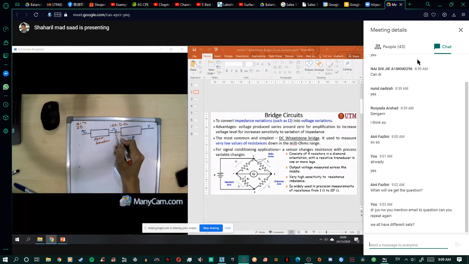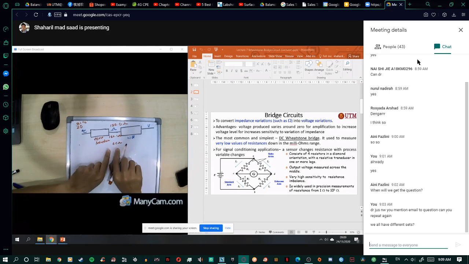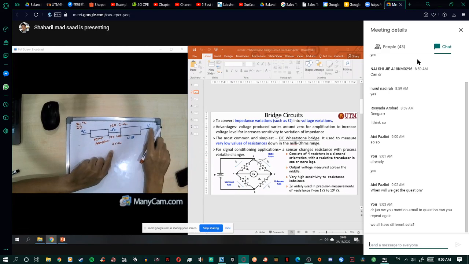So the resistance of this transducer may be 100.1. The difference between 20 and 21 degrees is about 0.1 ohm. So it is very small, and that's why you need to convert it into voltage.